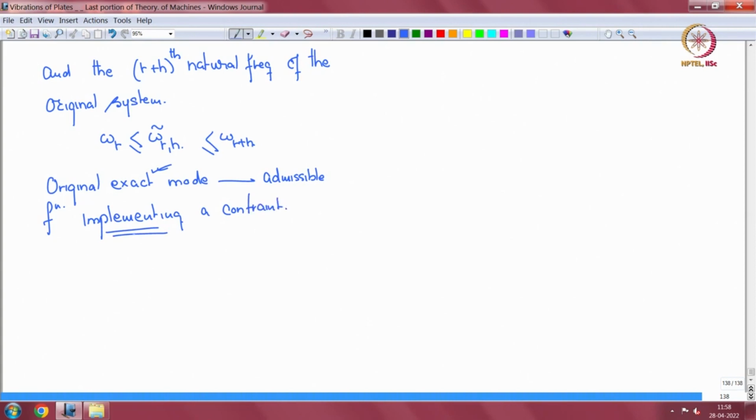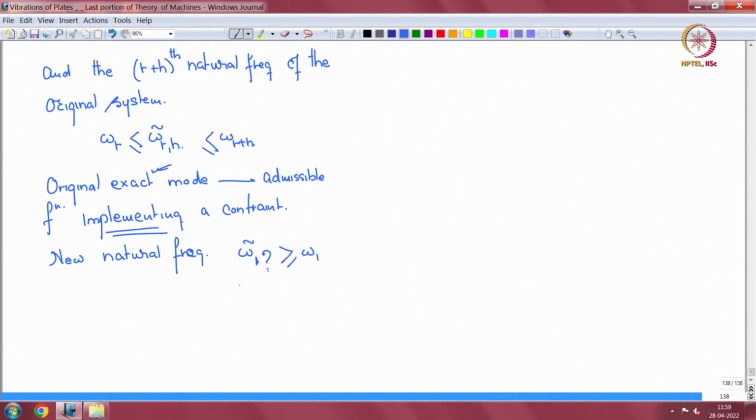And therefore what does it say? What it says is that the new natural frequency, let us say the first natural frequency omega tilde 1, the constraint is unknown, but it is greater than omega 1.